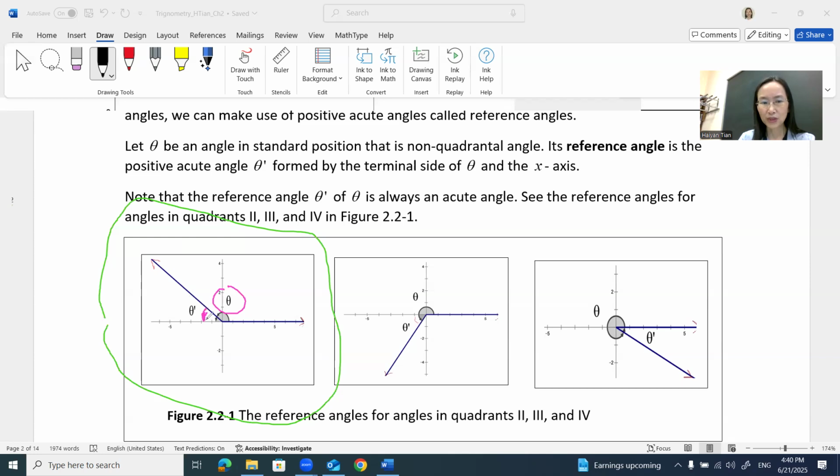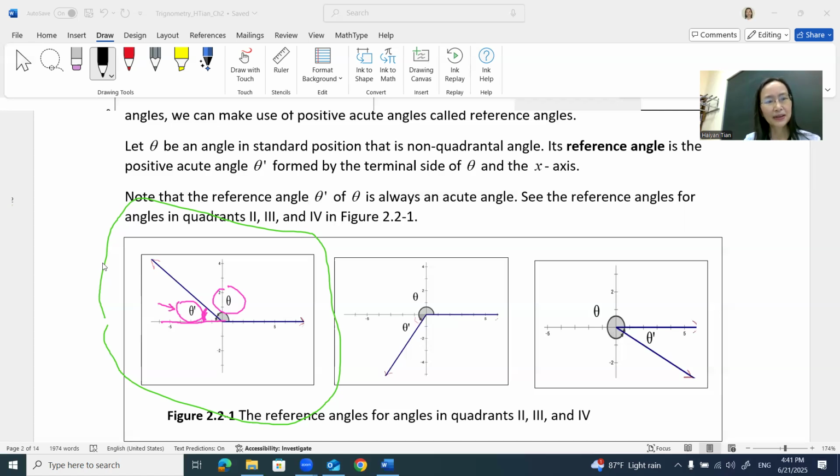And it is acute, right? Remember the definition: it is the angle formed by the terminal side and the x-axis. So you look for the positive acute angle. So that is the reference angle. We denote it by theta prime.